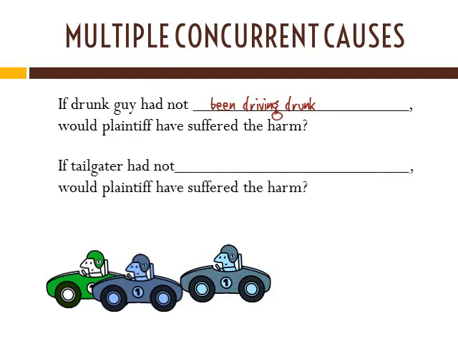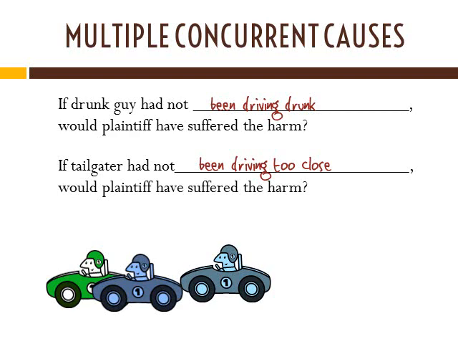Well, let's see. So if you, the tailgater, had not been driving too close, would the plaintiff have suffered the harm? Well, it depends. It depends on how close everything was.